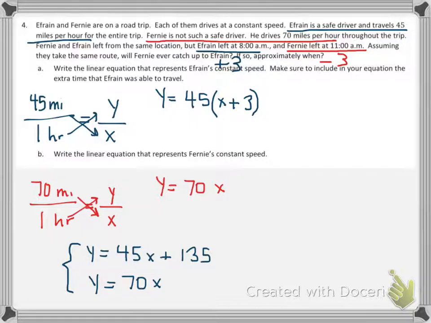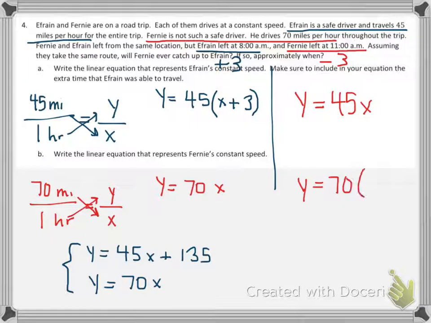The other thing I could do, let's look at it from the other perspective. If we said, well, Fernie traveled 3 less hours, then Efren would be y equals 45x, and we could say that Fernie was 70 times the quantity x minus 3, because we know that she traveled 3 less hours. So for our system, we could use the first one we wrote down here.